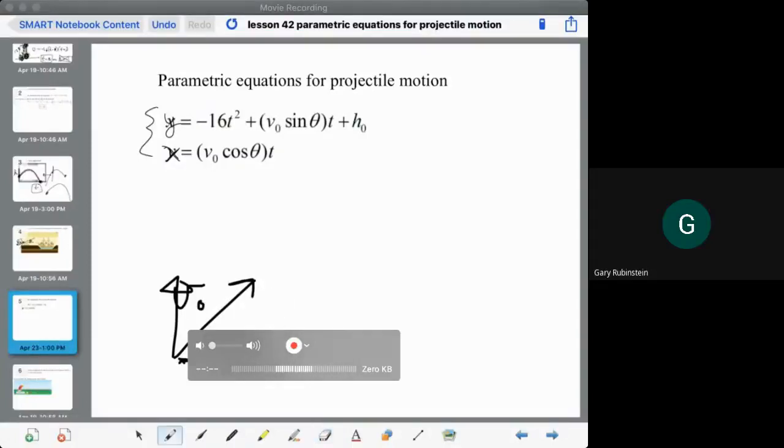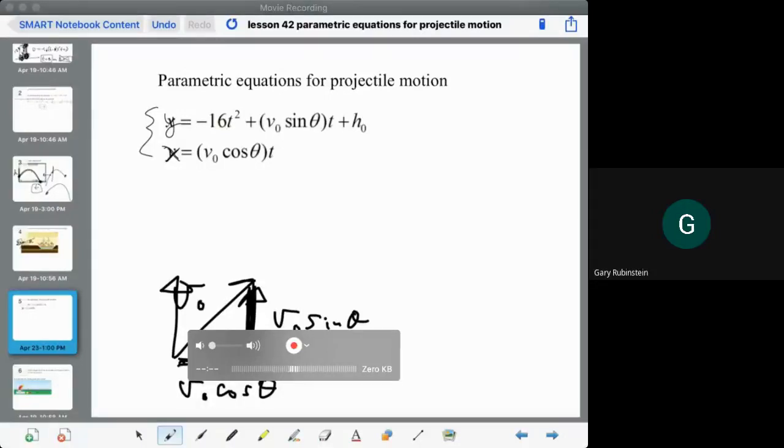In this right triangle, v0 is the hypotenuse, the vertical side has length v0 sine theta, and the horizontal side has length v0 times cosine theta.